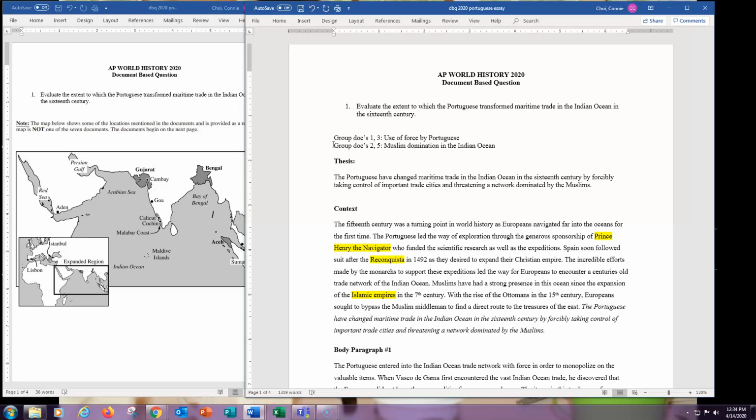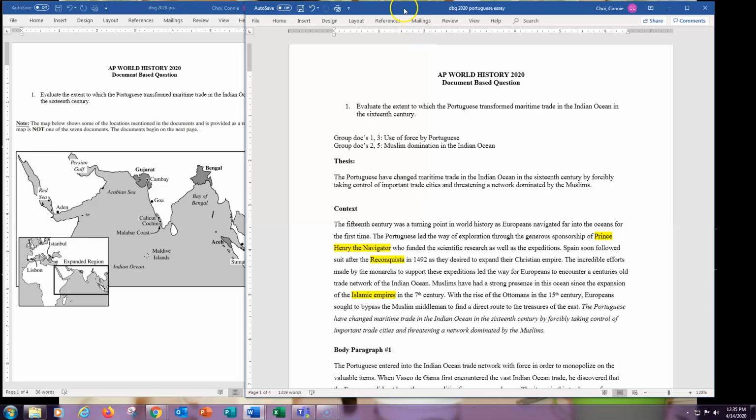As you can see here, I grouped documents 1 and 3 together because these documents were expressing that the Portuguese were using force to make their way into the Indian Ocean trade. And then documents 2 and 5 express how the Muslims have been dominating the Indian Ocean, and that the Europeans, particularly the Portuguese, are going to introduce themselves into a Muslim-dominated region.